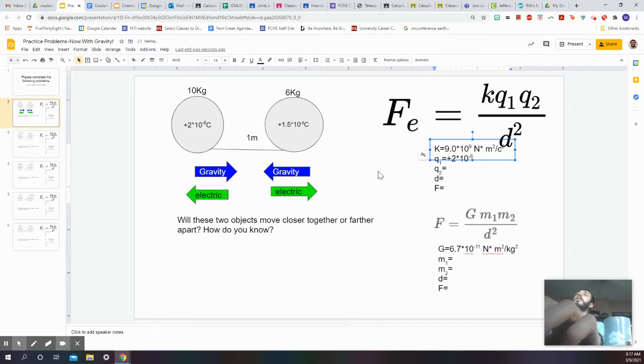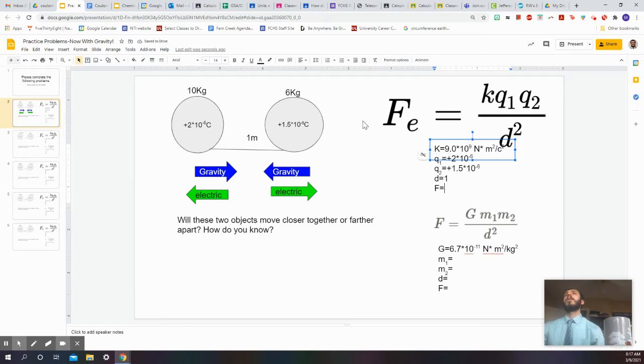For Q2, I'm going to use the one on the right, positive 1.5 times 10 to the negative 6. And the distance between them is 1 meter. Awesome.